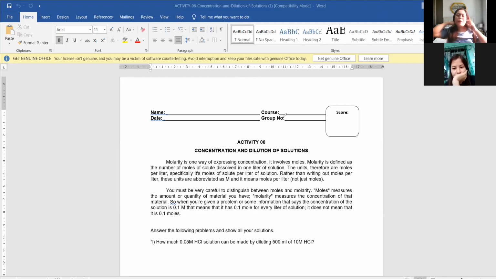Ayan. So again, our activity number 6 is entitled Concentration and Dilution of Solutions. Since the lecture, we have started discussing the aqueous solutions. It is also important for us to know the concentration. Dapat alam natin kung ano yung concentration ng ating mga solutions in the laboratory.